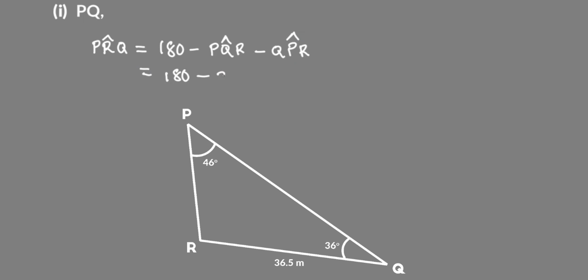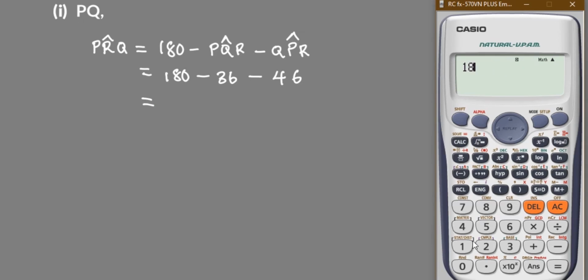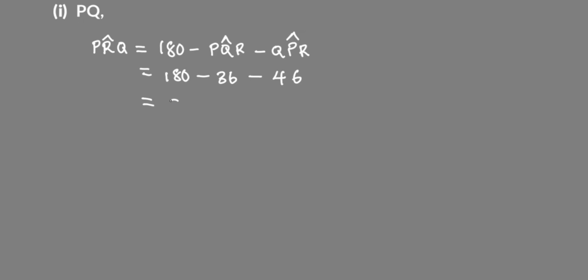PQR is 36 degrees, while QPR is 46. Our angle at R is 98 degrees. This is not our final answer, it's just going to help us use the sine rule.